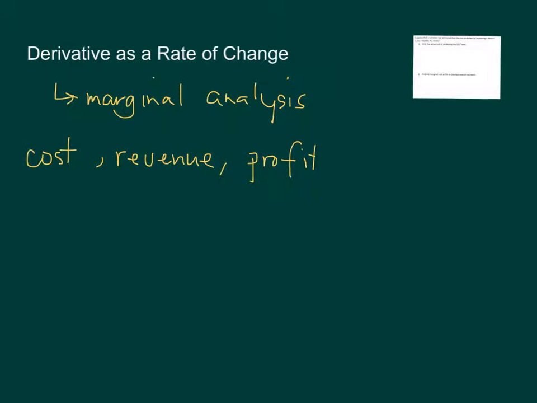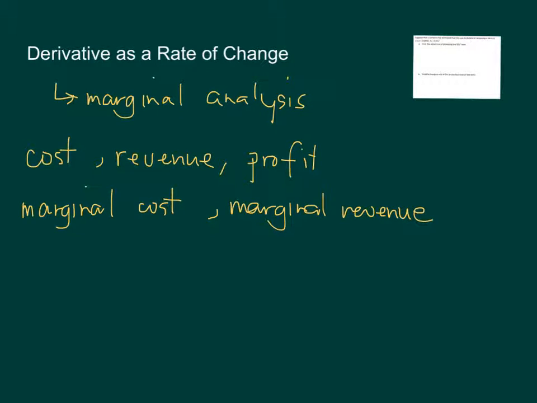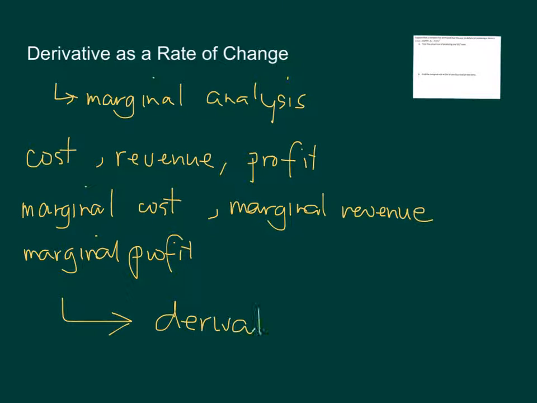So when we say we want to find the marginal cost at a given value, or marginal revenue at a given value, or marginal profit at a given value, then these things are dealing with derivative.